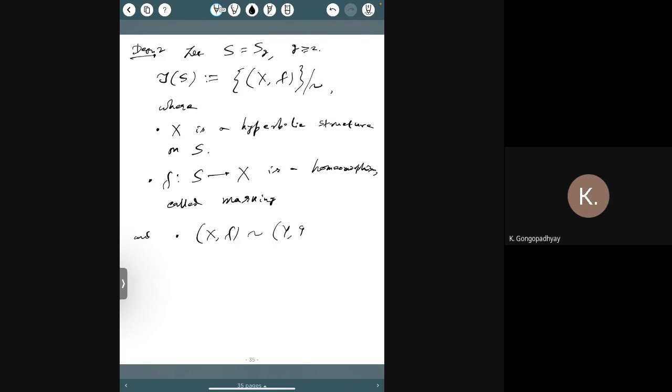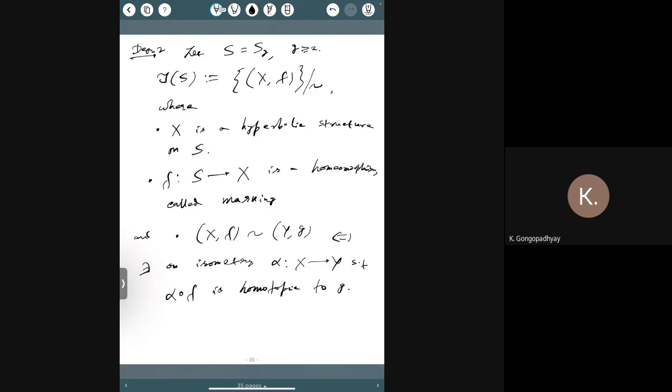(X, f) is equivalent to (Y, g) if and only if there exists an isometry alpha from X to Y such that alpha composed with f is homotopic to g.